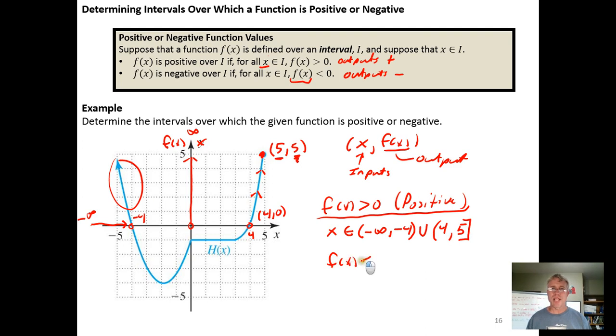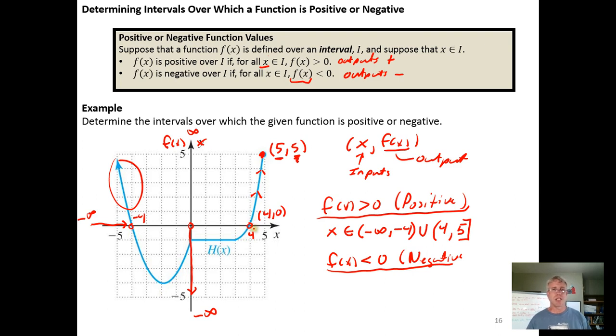When is my function negative, or less than 0? Well, that's going to occur when we're below the x-axis, because if I put an open circle at 0 on my output axis and run an arrow going down towards negative infinity, anywhere the graph is below the x-axis, we're plotting our outputs with respect to the negative y-axis, or negative output axis.